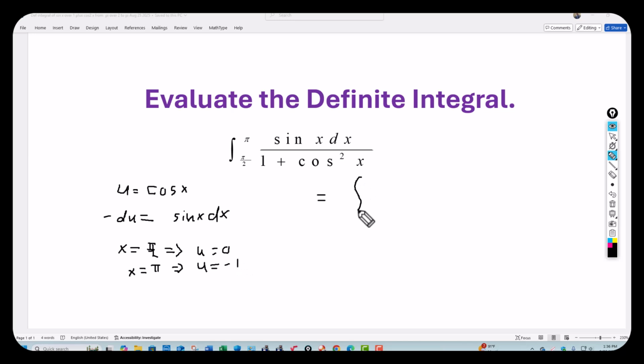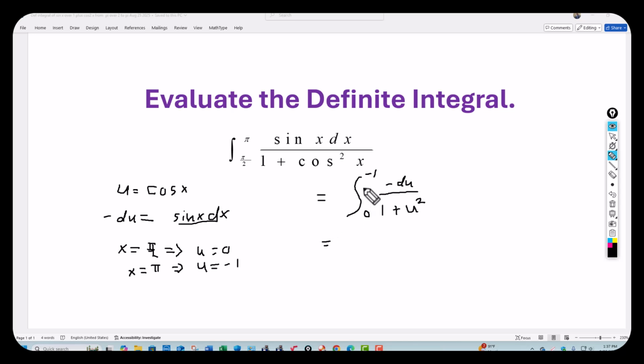So we can rewrite this. Instead of pi over 2 to pi, this is going to go from 0 to negative 1. This will be a minus du, replacing sine of x dx by minus du. And in the denominator we have 1 plus, and the cosine of x is u, so this would be u, and then it has a square.